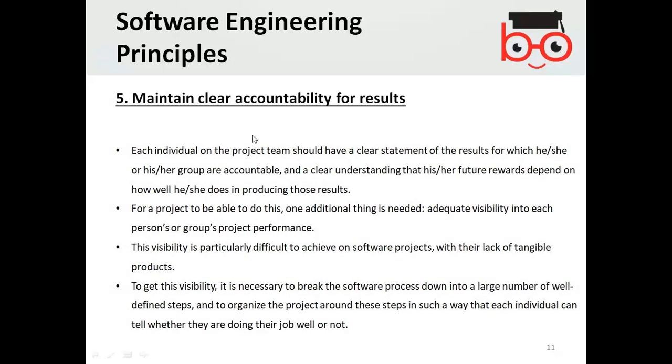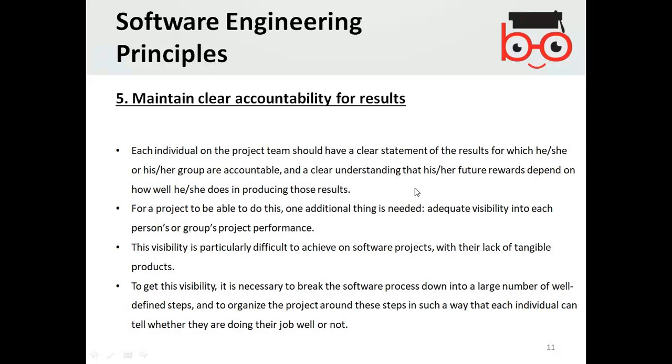Now, maintain a clear accountability of the results. Each individual on the project team should have a clear statement of the results for which he or she or their group is accountable, and a clear understanding that his or her future rewards depend on how well he or she does in producing those results.